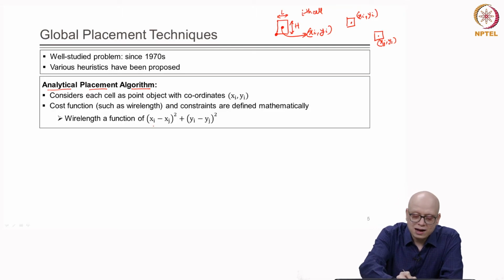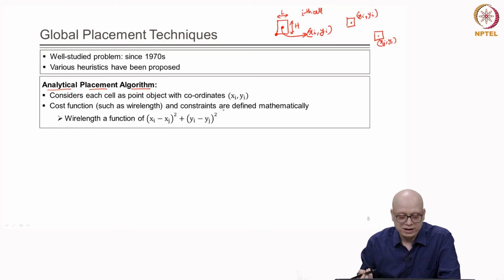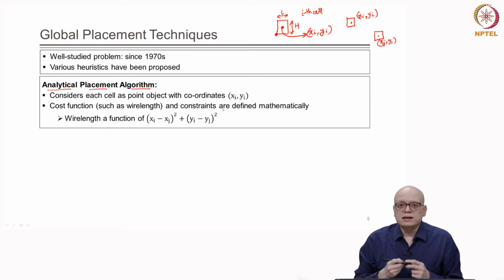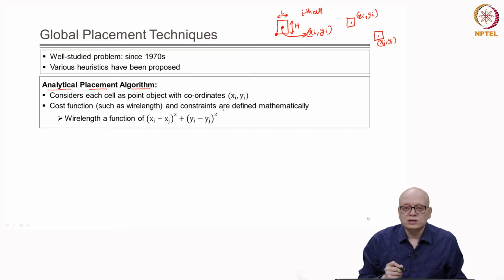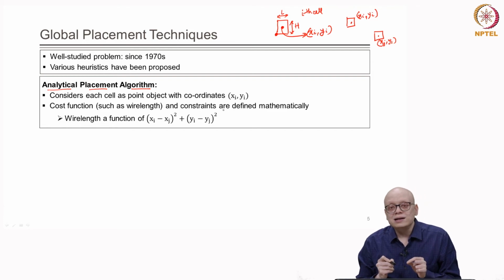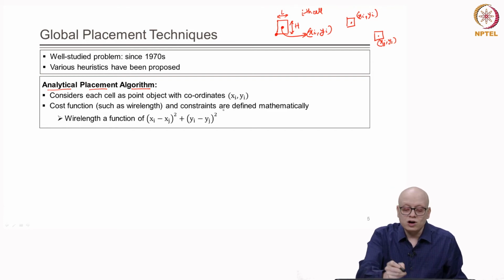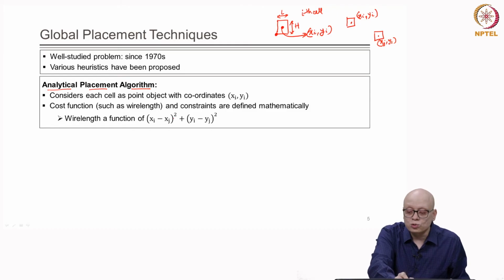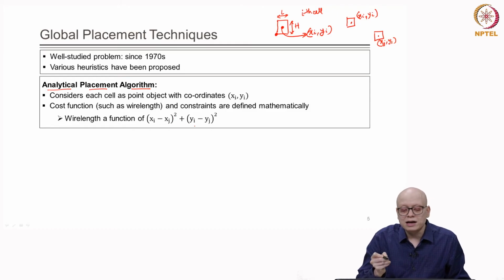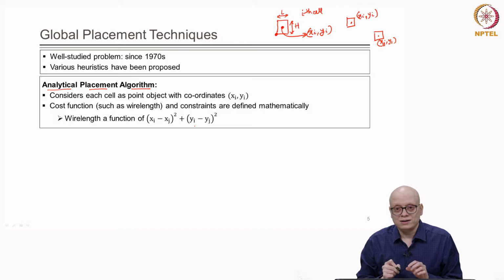It is the root of (xi minus xj) whole square plus (yi minus yj) whole square. If we take the square of the Euclidean distance, this root will go away. So, in the analytical placement algorithm, we consider wire length as a function of (xi minus xj) whole square plus (yi minus yj) whole square.